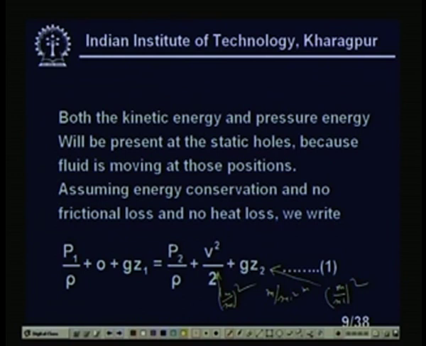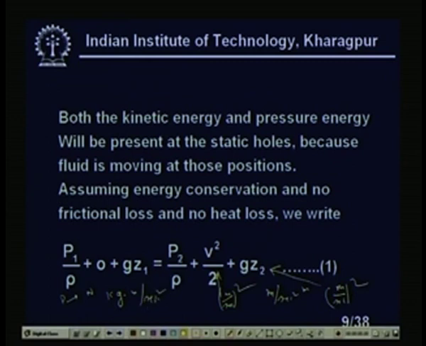P is the pressure, so Newton per meter square, and Newton means kg meter per second square.